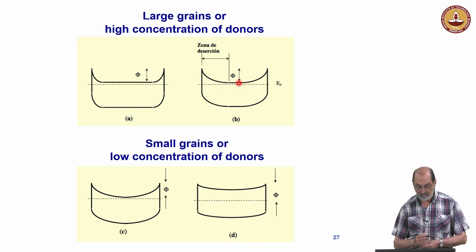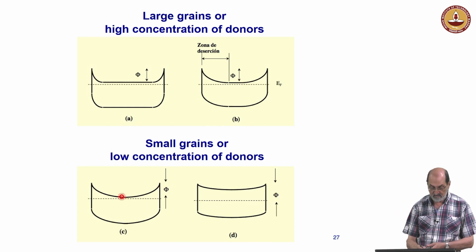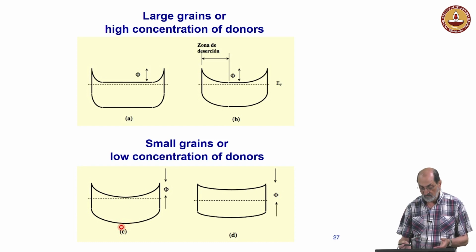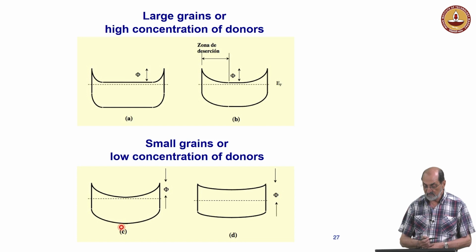But for small grains or for low concentration of donors, initially we have a situation like this with a very small region with bulk properties, and if we have indiffusion and for this reason a decrease of the doping, consequently the width of the depletion regions increases, and we are going to have this situation in which the whole grain is depleted of carriers.